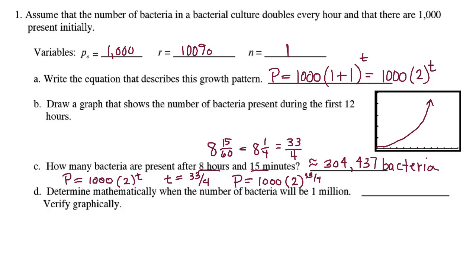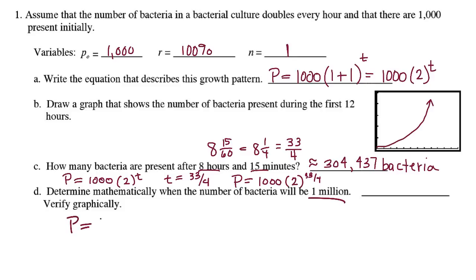Okay, so now for the next part, it asks us to determine mathematically when the number of bacteria will be 1 million. So now they're giving us a population of 1 million, and they want to know after how many years this will happen. So here we're going to take our equation again.